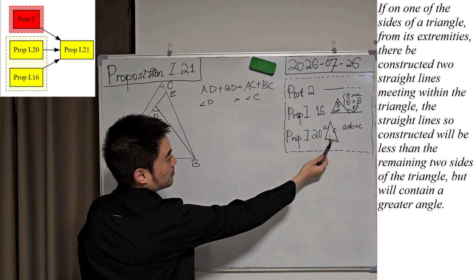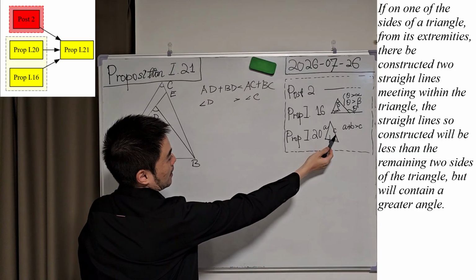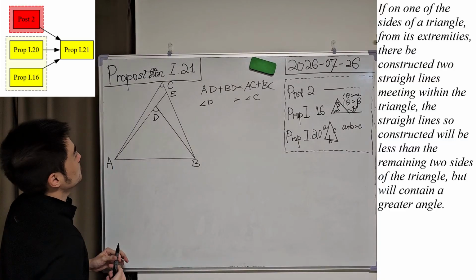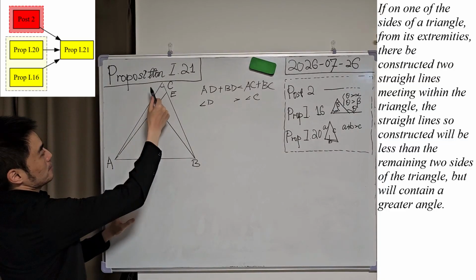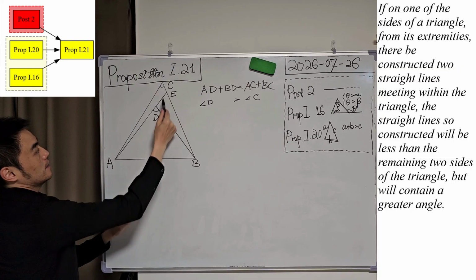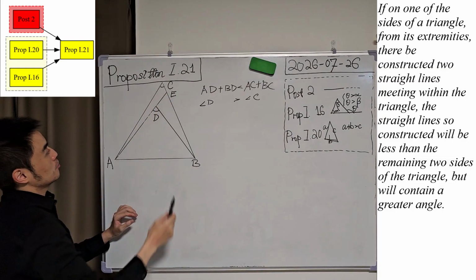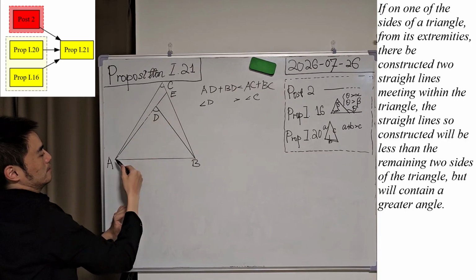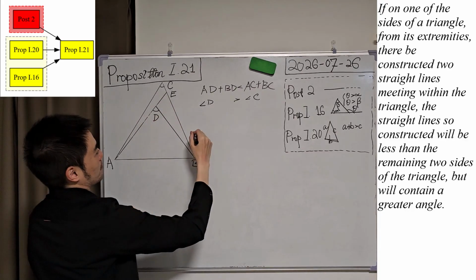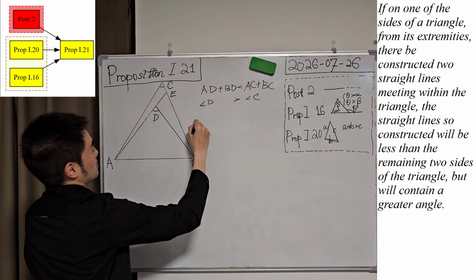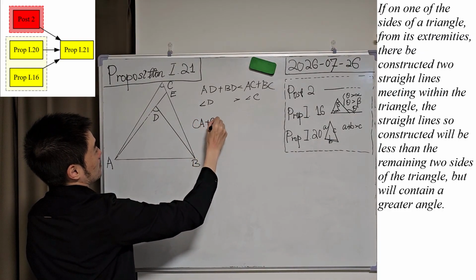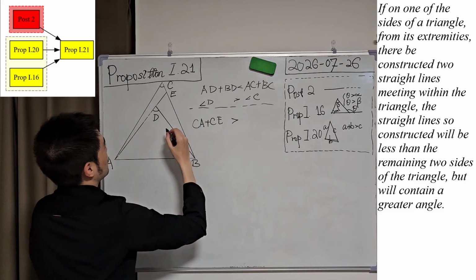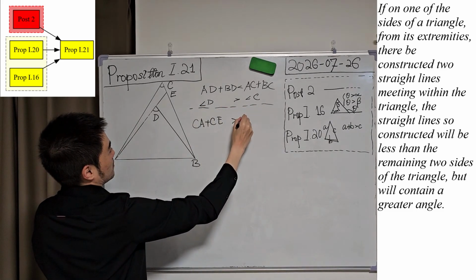In a triangle, the sum of any two sides will be greater than the third side. At first, pay attention to this triangle AEC. The two sides AC and CE, the sum of them will be greater than the other side AE. So we have this inequality, CA plus CE will be greater than AE.